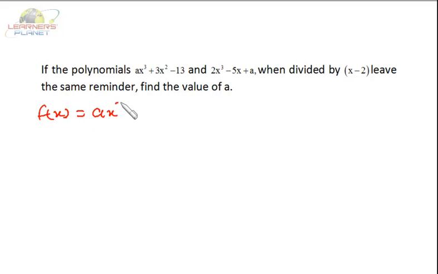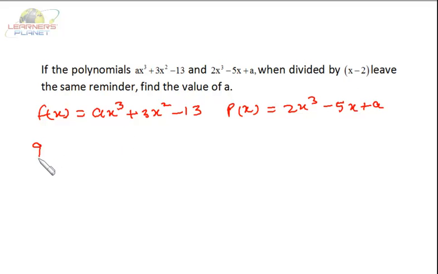It is ax cube plus 3x square minus 13. I assume this to be p(x). So I write p(x) over here. It's 2x cube minus 5x plus a. And this is x minus 2. So we have to find out the remainder. g(x) is x minus 2, which is 0.